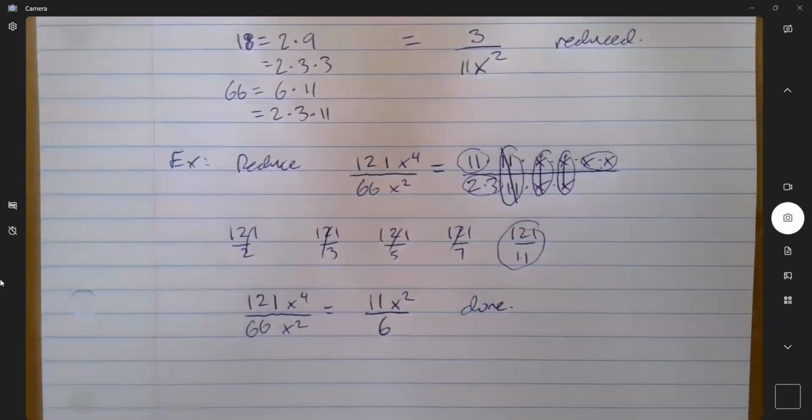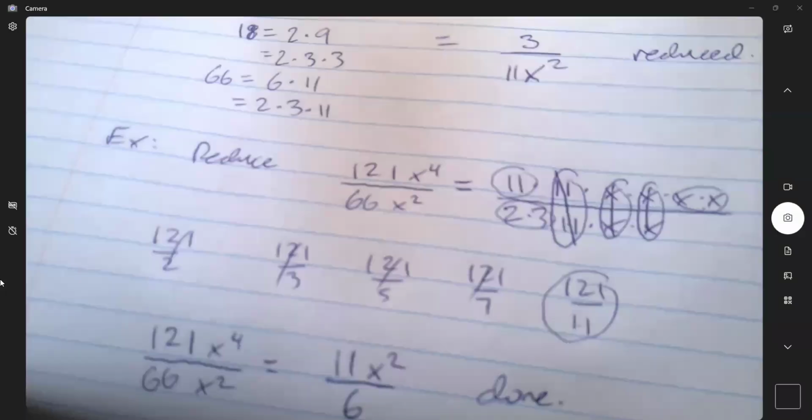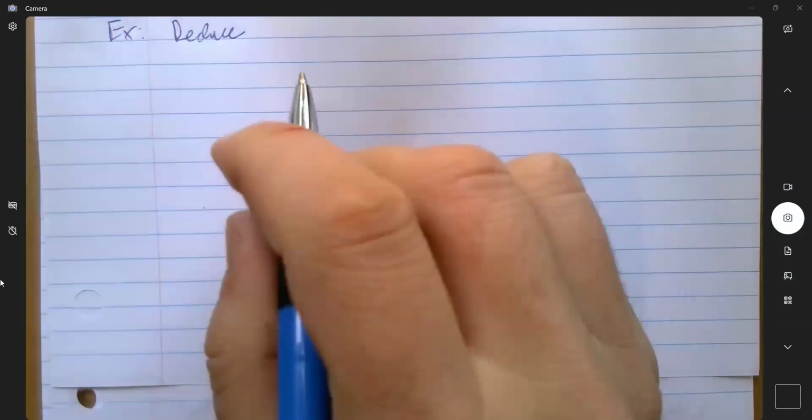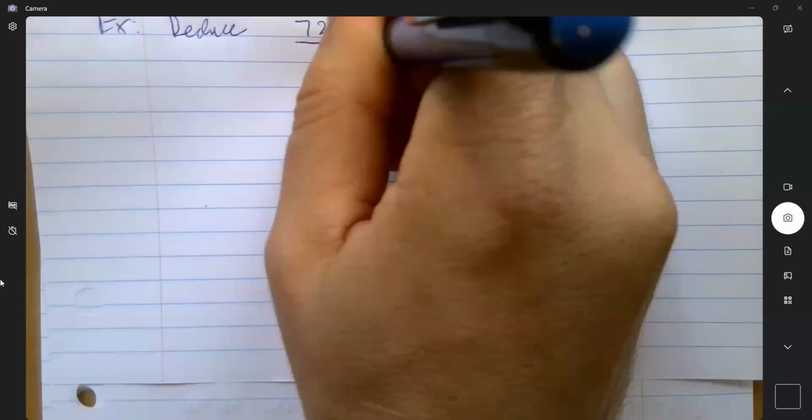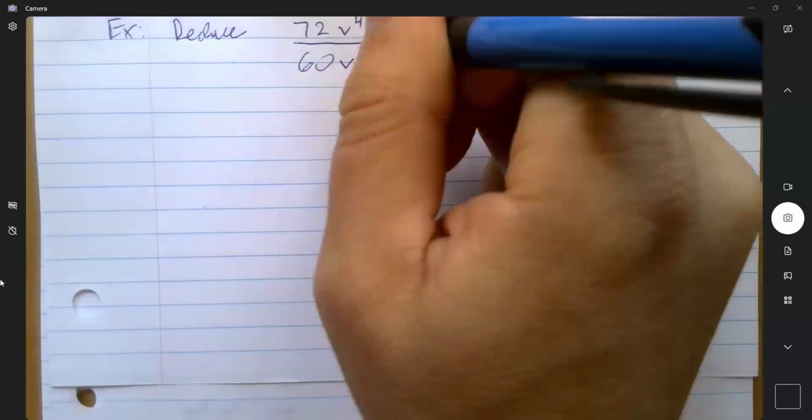All right, next question. We're going to simplify another fraction. We're going to simplify or reduce the fraction 72 v to the fourth n cubed divided by 60 v times n squared.